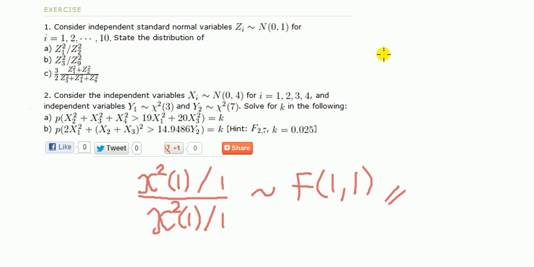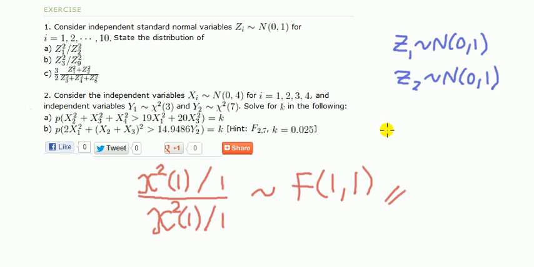Z1 is just a standard normal, as is Z2. At the bottom we've just looked at one Z. It's not of the form Z2 squared plus Z3 squared, which would be two Z's, which would be chi-square 2. Okay, so that's the explanation.